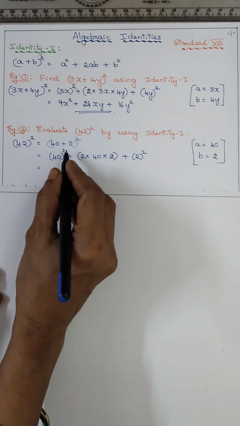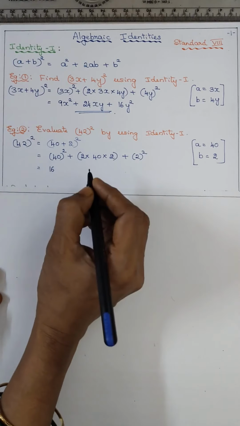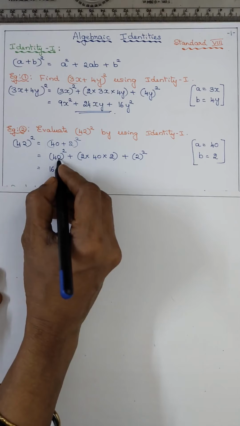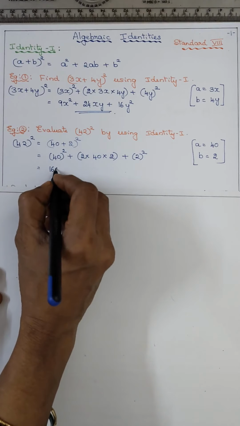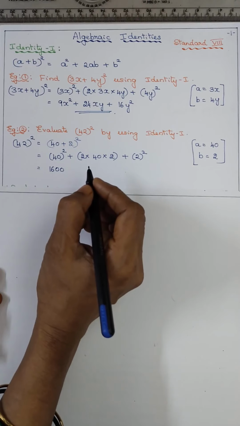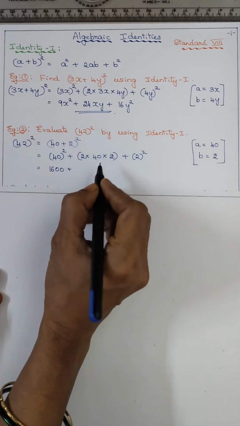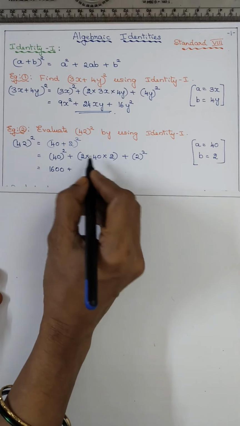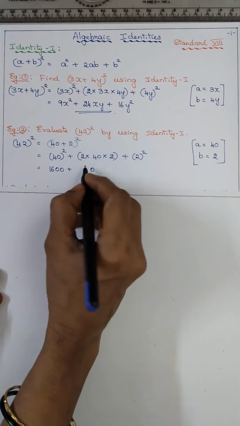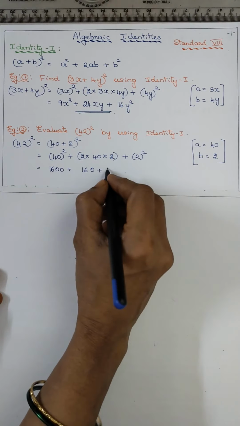Now 40 square, 4 square is 16. If there is 1 zero in the number, its square will have 2 zeros. Squares and square roots, that lesson you have to remember. Now 1 0, 2 2s are 4, 4 4s are 16. 2 square is 4.